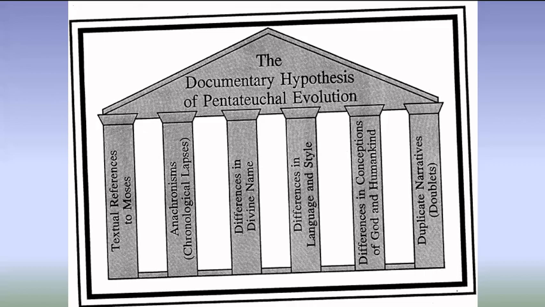But we concede things like that, because we don't have to give up our Mosaic authorship in allowing perhaps a scribe of Joshua to add that last chapter as a fitting tribute to the author of the Pentateuch.